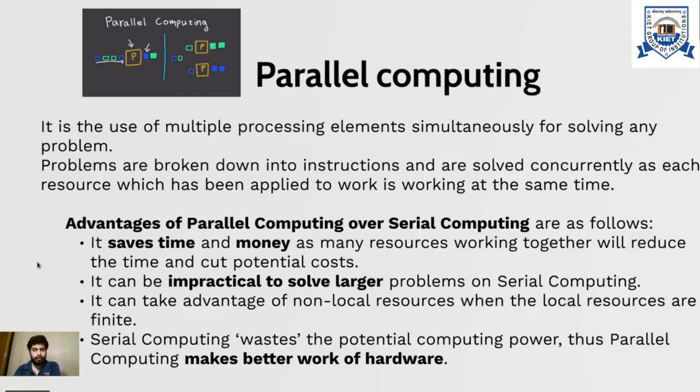Only one of my processors is being used; the others may be doing some different task, or may be idle. This is an excellent example where you can exploit the full power of all the resources. No resource would be idle in parallel computing, so it makes better use of hardware.